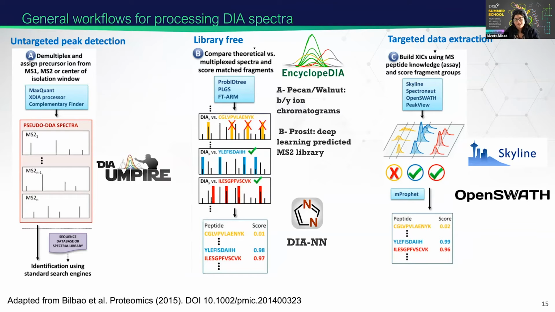So you can generate a high-quality spectral library that will be used for targeted data extraction. It means that when analyzing the data-independent acquisition spectra, the software can know in advance what retention time this peptide is expected at, and what fragments are expected in the data, so as to create the chromatograms.